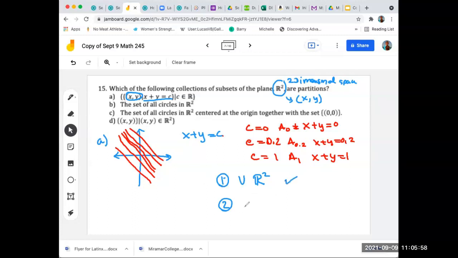Check. The second is the intersection between 2 sets has to be null. Do any of the lines intersect? No, because they have the same slope. So yeah, this is a partition. I partitioned my space by slicing it into lines, okay?